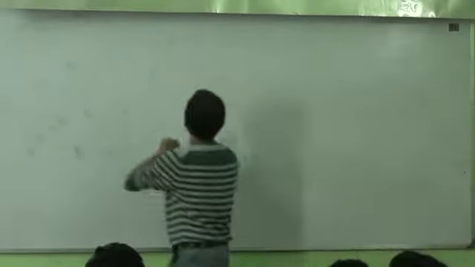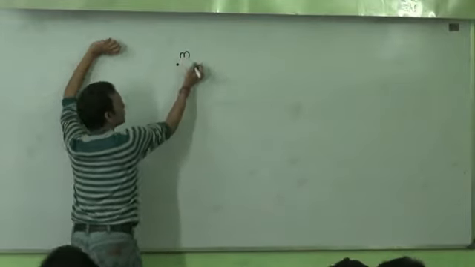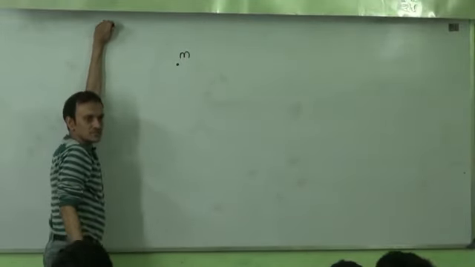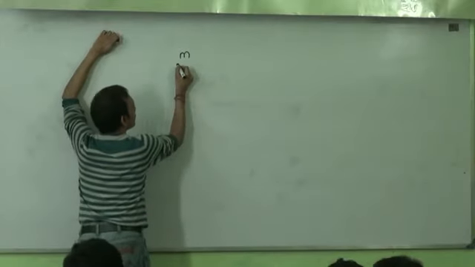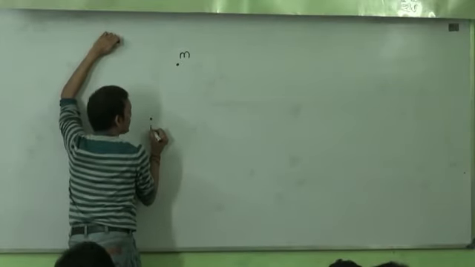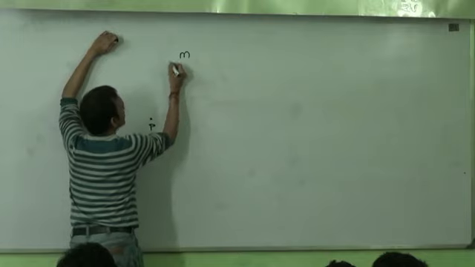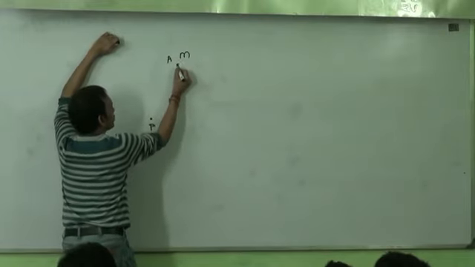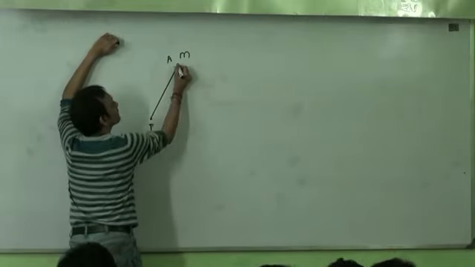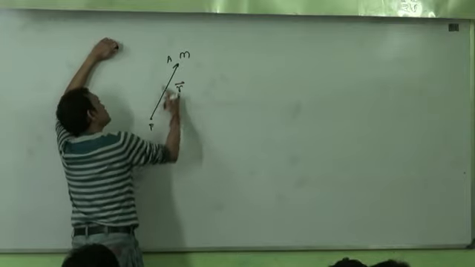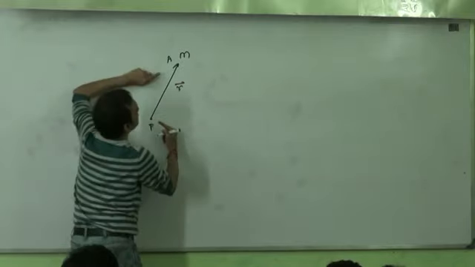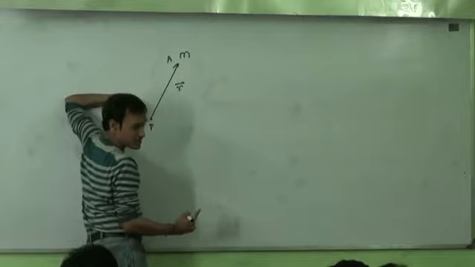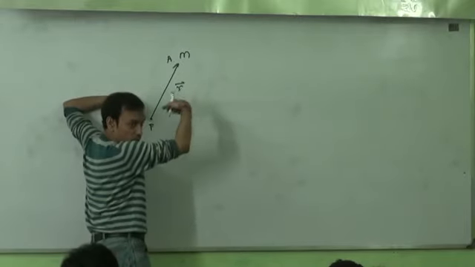If I have a certain point mass m, and this is a certain point P, and let's say the position vector of A with respect to P is R. R is the position vector of A as seen by P. That's going to be position vector of A minus position vector of P. Yes or no?